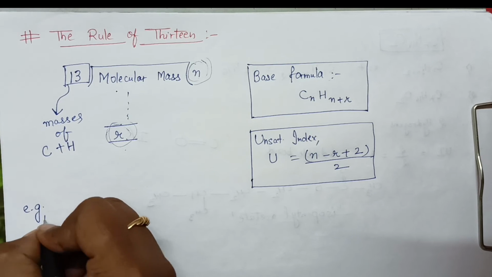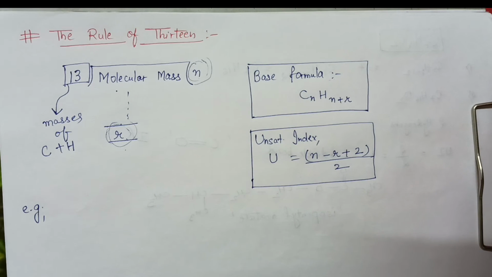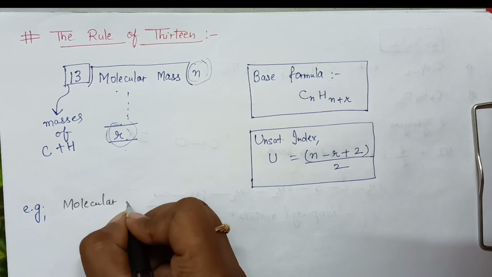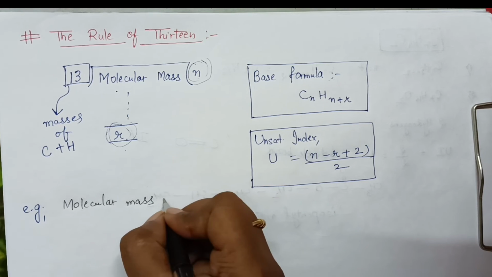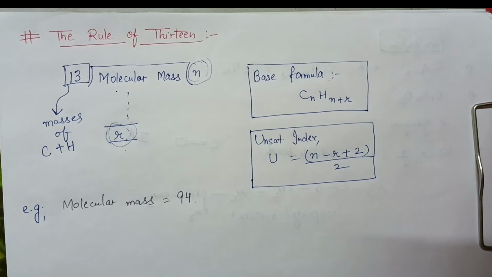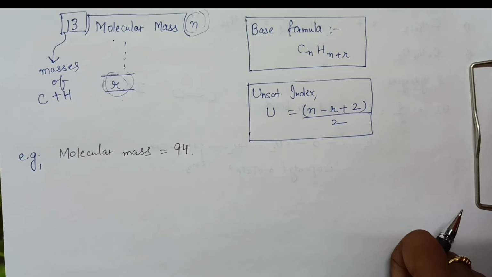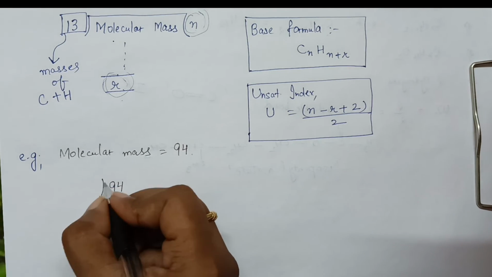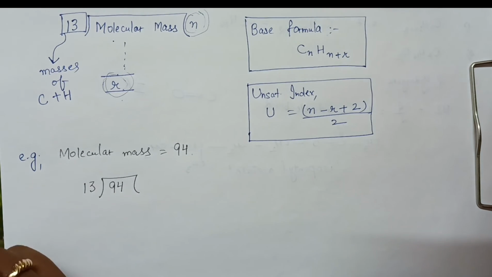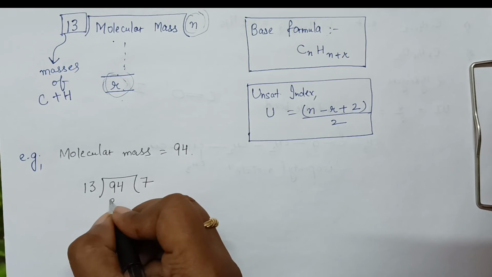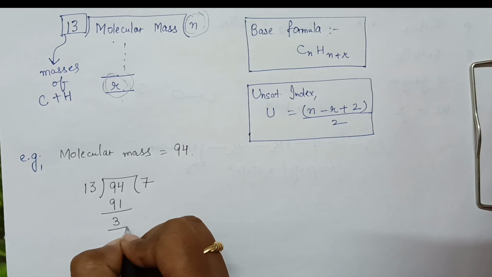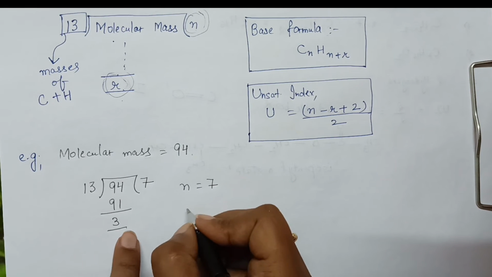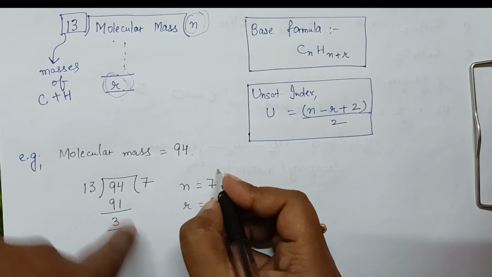So for example, suppose we have an unknown compound and the molecular mass of that compound is given as 94. Now how are we going to proceed? First, the molecular mass is 94, divide this by 13. From here we have got the n value equal to 7 and the r value equal to 3.